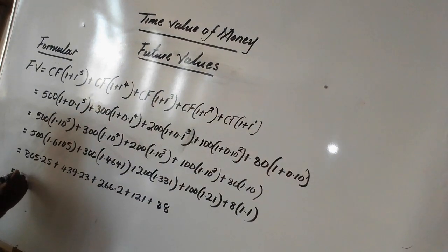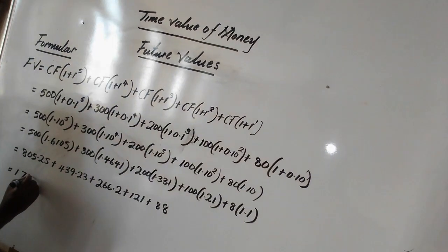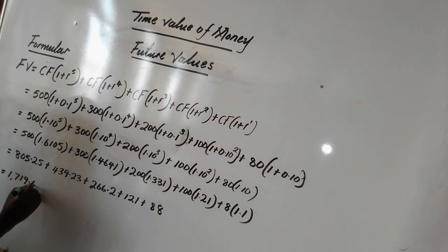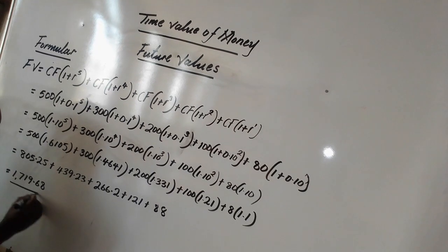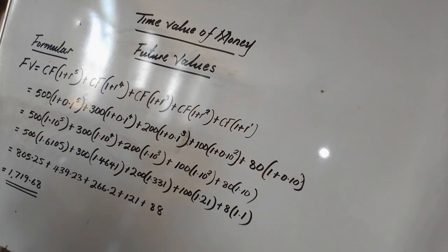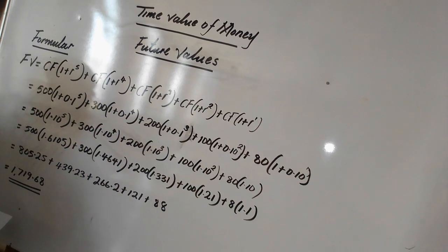Your answer will be 1,719 kwacha 60 ngwee. So this will be the future value when you invest streams of cash flows at different intervals.